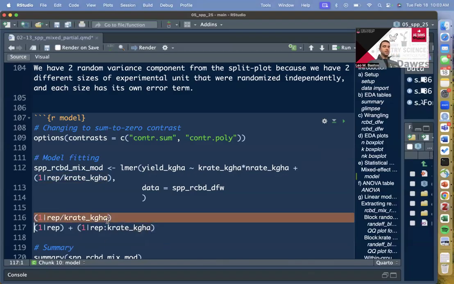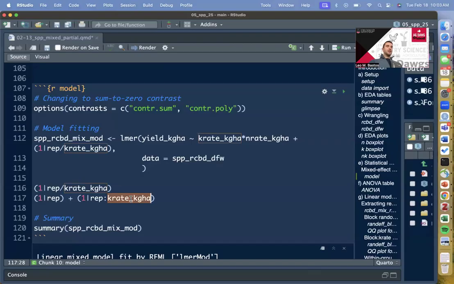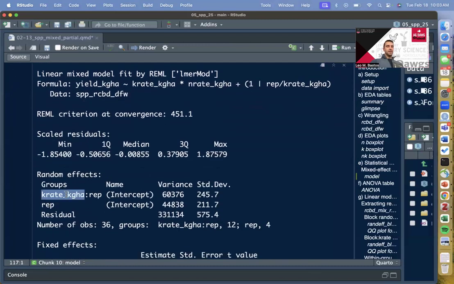So this is just a shorter way of saying this. We're showing you the main effect of rep, and then the effect of potassium depends on rep. Potassium does not get a main effect on the random side of the model by itself because it's dependent on the rep. That's why we get these two lines: the potassium by rep and the rep by itself.